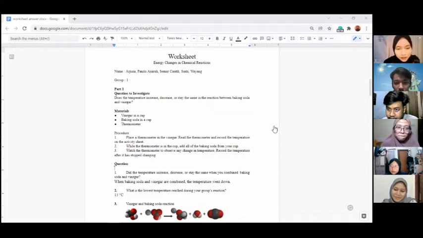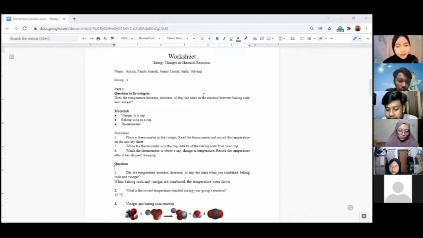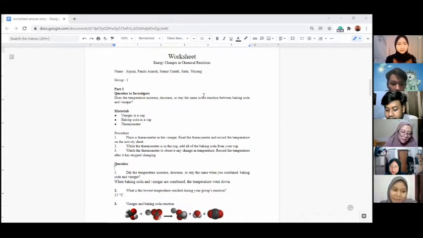Okay, so for the materials, there are vinegar in a cup, baking soda in a cup, and a thermometer. Next, the procedure will be explained by Semar Cantik. For the first step, we place the thermometer in the vinegar, read the thermometer, and record it on the activity sheet.